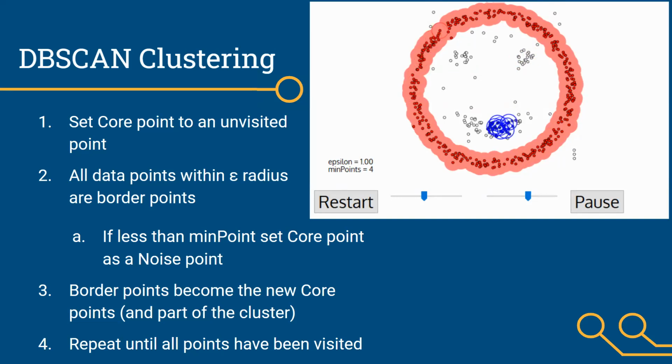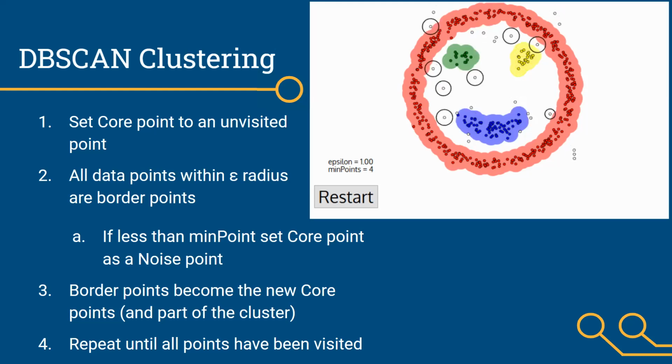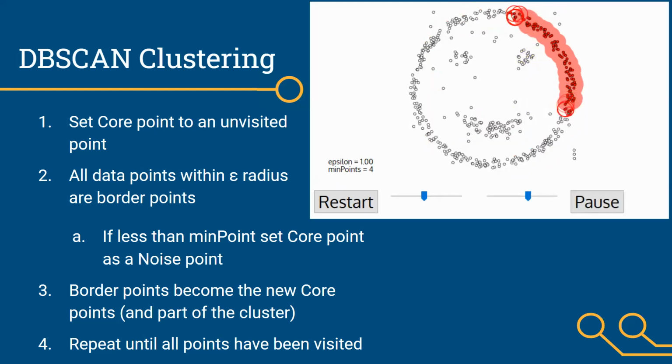And if there are enough points within the cluster, it's going to set that as part of the cluster rather than a noise point. And it's going to do this until it doesn't find any more. Then it's going to pick a new random point and repeat the process starting with a different cluster.